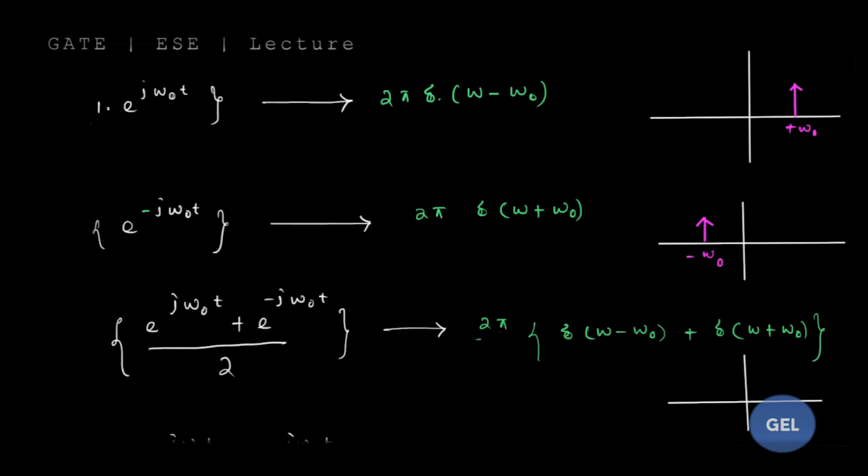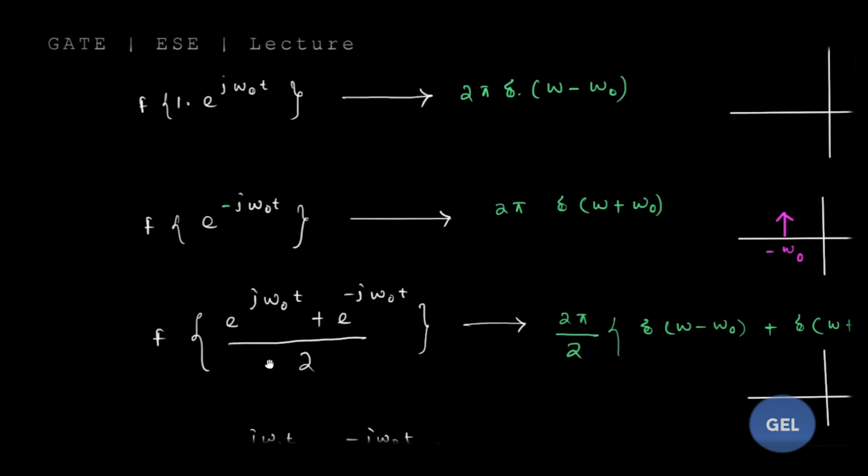Yes or no? Now we know that instead of writing all this, this is the expression for whom? Sir, cos omega naught t. This is the expression for cos omega naught t. So instead of writing this, I can write the Fourier transform of cos omega naught t.